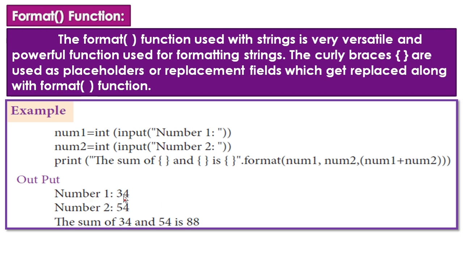Number 1 is a value given by the user, that is 34. Number 2 is also given by the user, that is 54, from the keyboard. In this print statement, instead of the curly braces, the first number num1 is printed, in the second curly braces num2 is printed, and in the third finally the summation of num1 and num2 is printed.